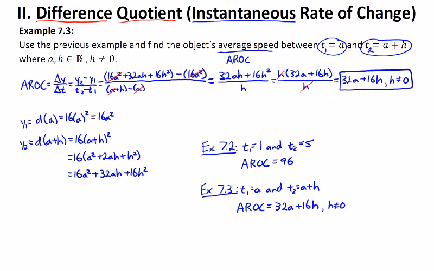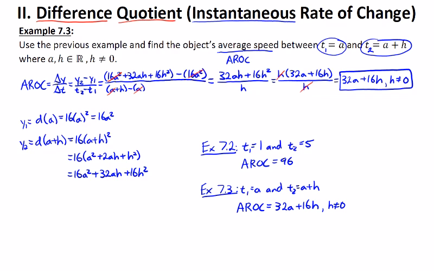So I wonder if it would be possible, since I'm using the same function, the same d of t equals 16t squared, could I somehow use the result from 7.3 to confirm the result for 7.2? Because what I was claiming is that the difference quotient is going to be a generalization of the average rate of change.